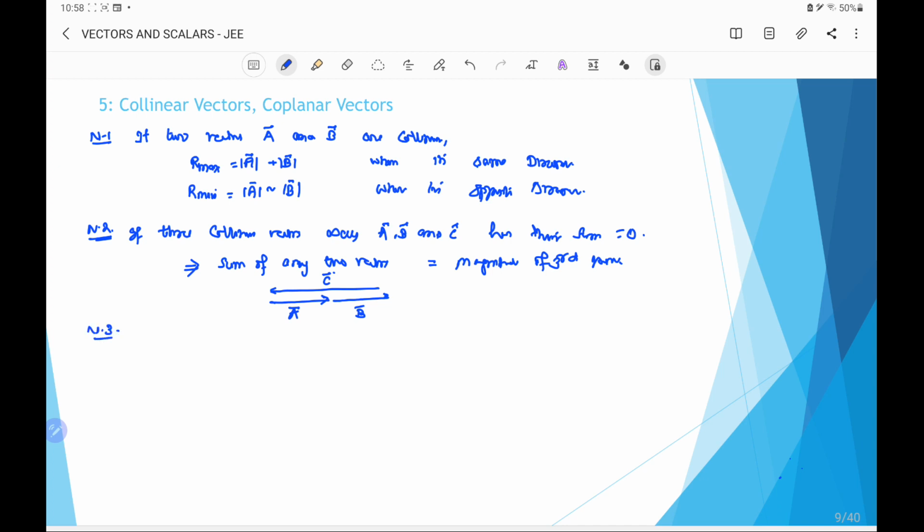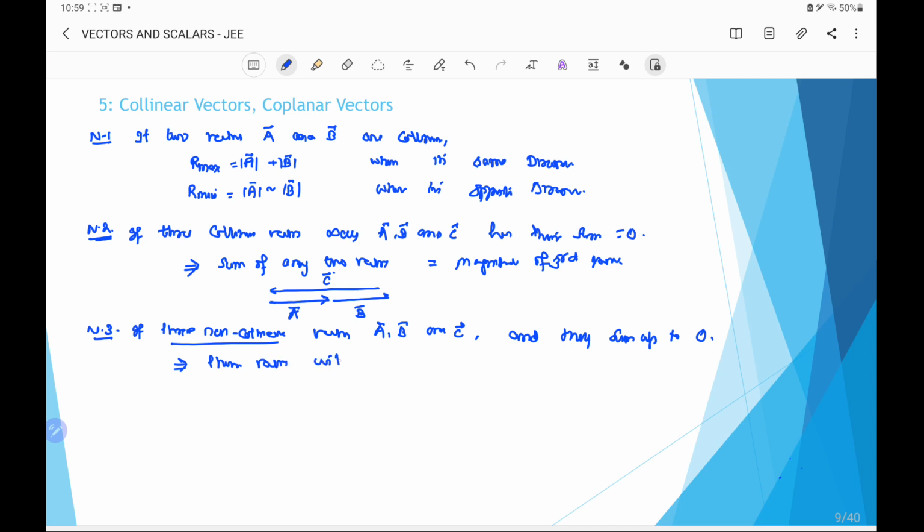Note 3: if three non-collinear vectors, say vector A, vector B and vector C, sum up to 0. Earlier we were talking about collinear vectors which were along the same line, either in the same direction or in opposite direction. Here we are discussing three non-collinear vectors. This implies that these vectors will represent the sides of a triangle.